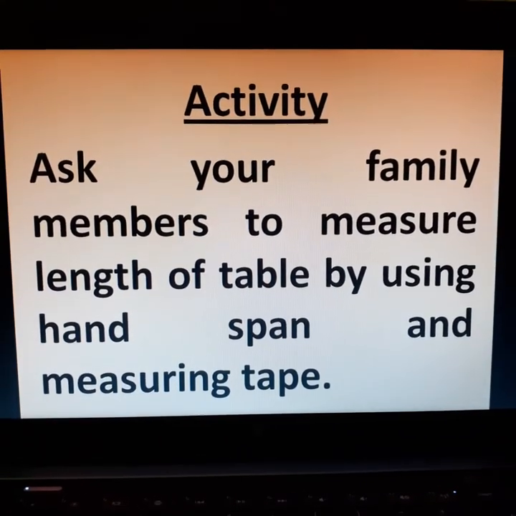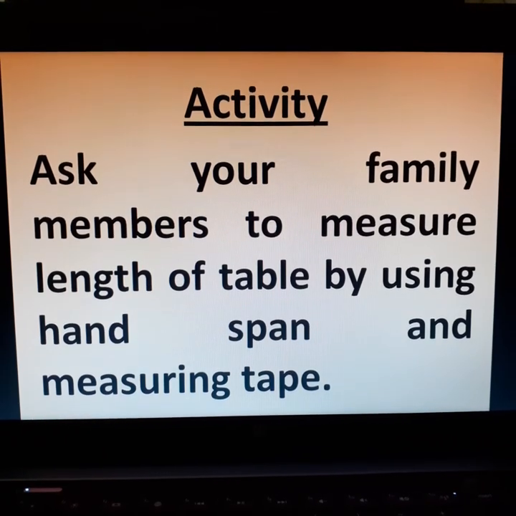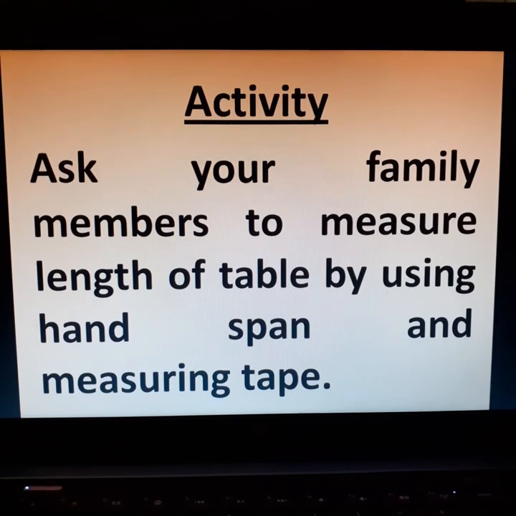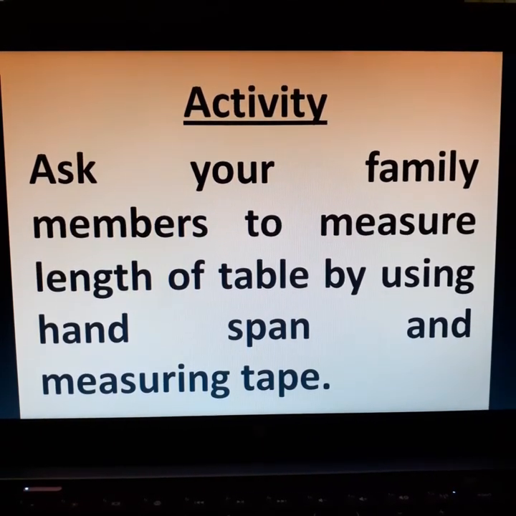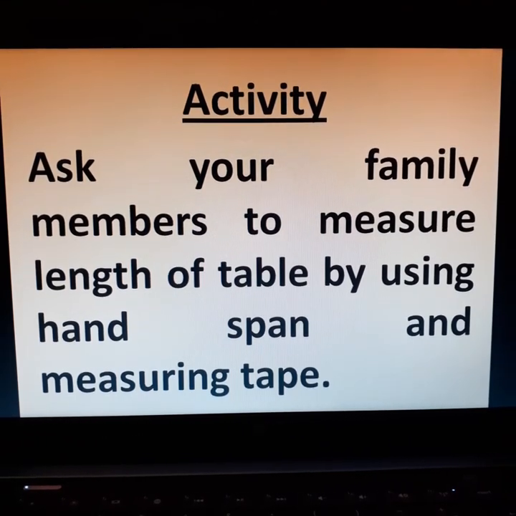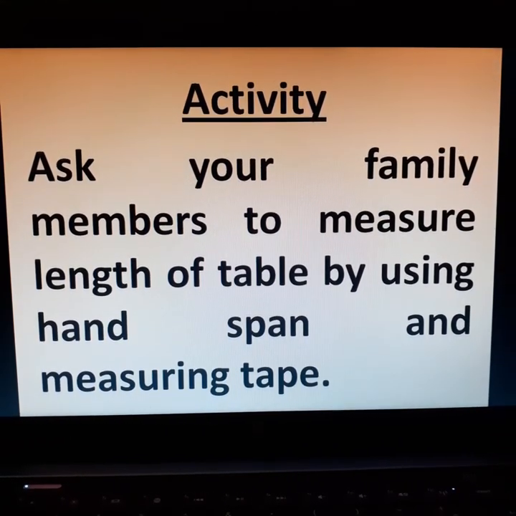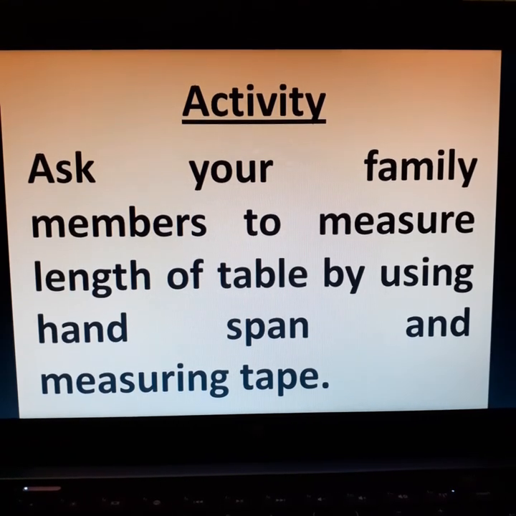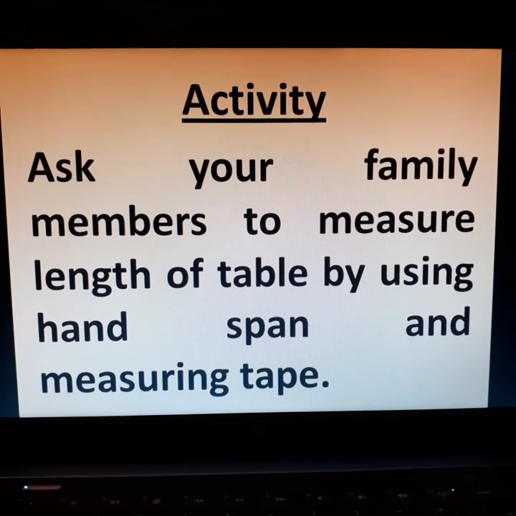Now see, there is one activity for you. You have to ask your family members to measure the length of a table using a handspan and a measuring tape. Ask different members to measure the table. Then what you will find is, suppose the younger one has a smaller handspan, so his count will be more compared to the adult.